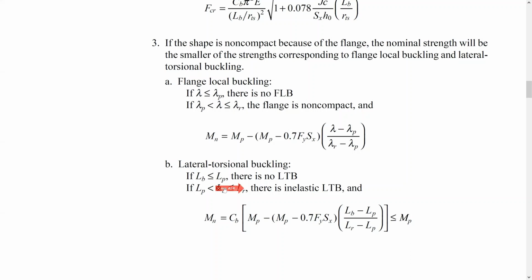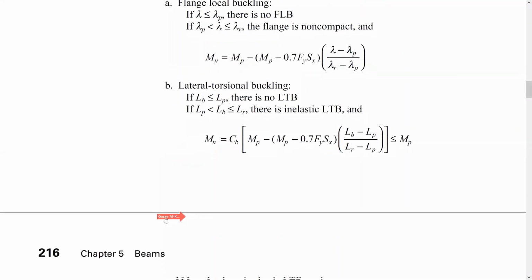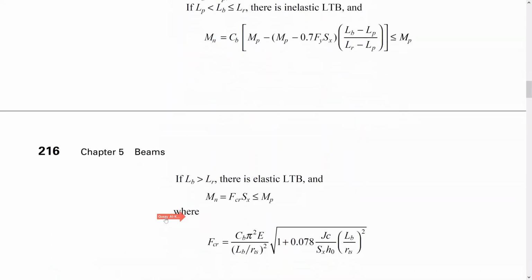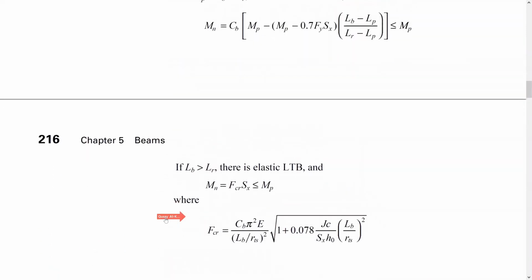Okay, and this is the equation to calculate this, and nominal strength here should be less than the plastic moment. Okay, and the third one here, guys, if, let's say here LB is the unbraced length. Sorry, I keep mixing up LP, LB.